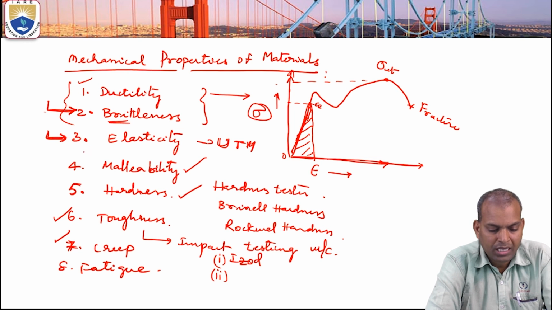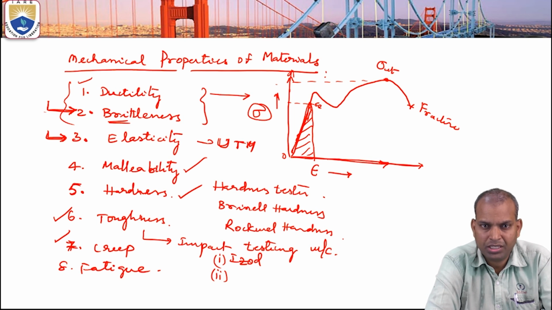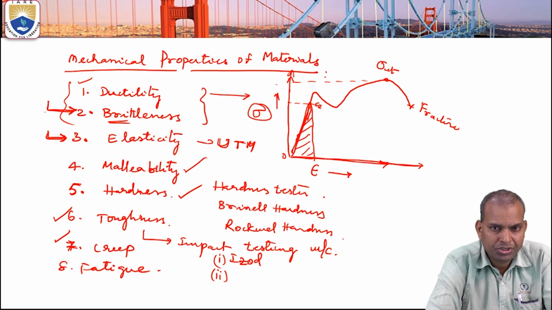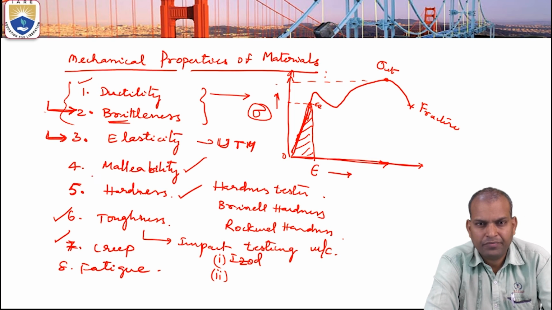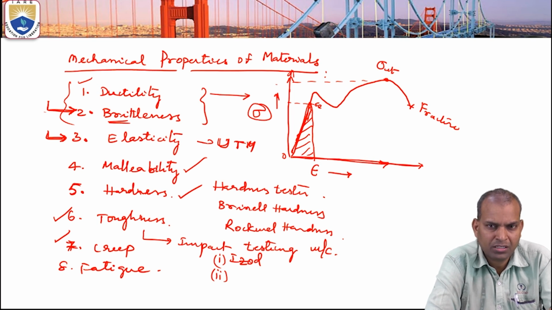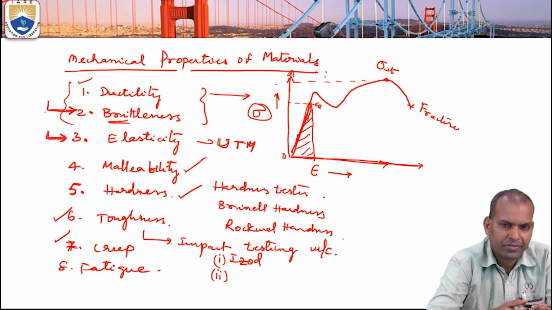And one more thing, elasticity and malleability are applicable for fabricating shells, boilers, etc. And toughness, creep and fatigue matter wherever cyclic loads are applied, especially in rotating components. For example, a chuck is mounted on a shaft.